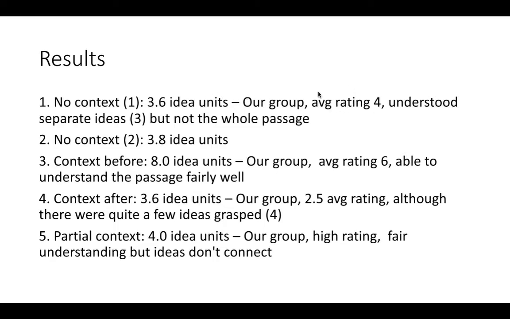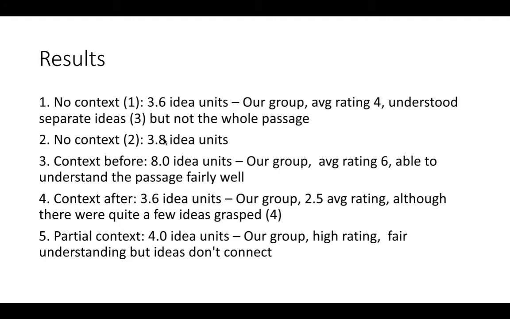Our group gave it an average rating of 4. They did understand separate ideas, but not the whole passage as something comprehensive. And I think the average unit of ideas was 3. So for the second group, which is the no context, but they were allowed to hear this passage twice, there was not too much of a difference.